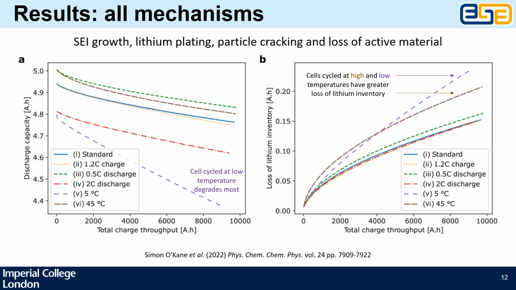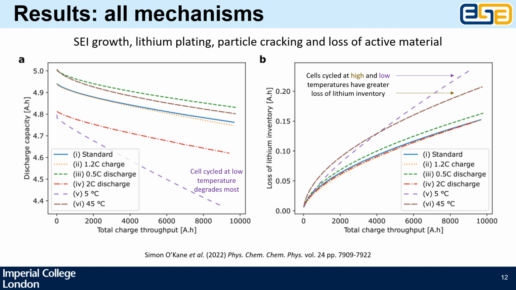Finally, instead of focusing on one or two mechanisms and changing the numbers we put into the model, we're now turning on all the mechanisms, keeping the numbers the same, and varying the cycling conditions.